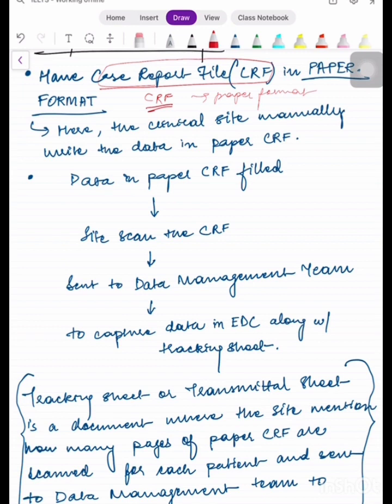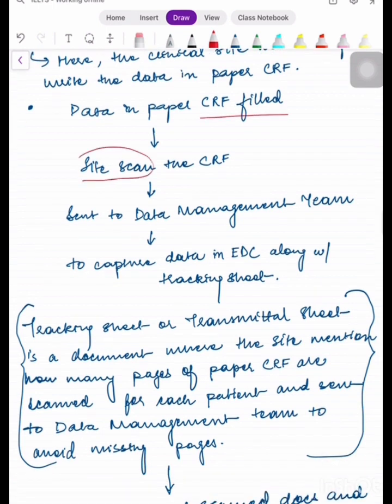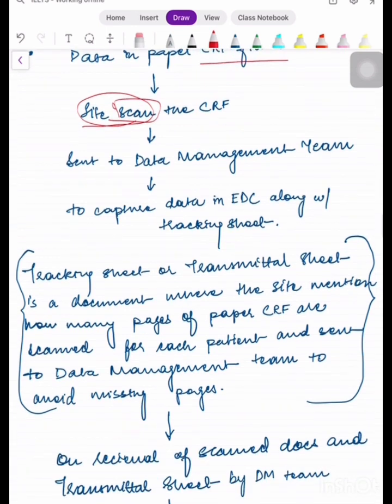Here the clinical site manually writes data in paper CRF. So data in paper CRF is filed. Site scans the CRF. So they scan this document CRF and send the data to the data management team.